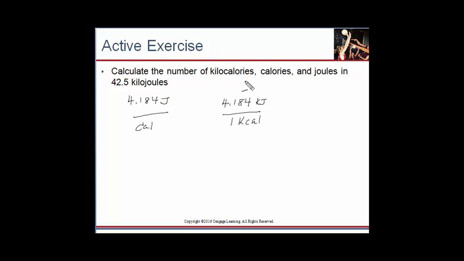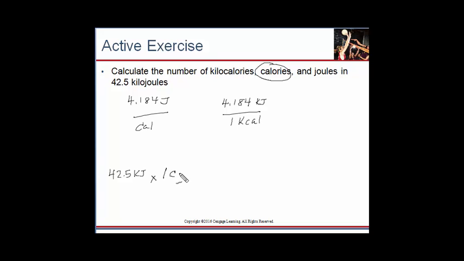Calculate the number of kilocalories, calories, and joules in 4.25 kilojoules. All right, so we'll start with that. 42.5 kilojoules. And let's just pick one of them. Let's convert that to calories. So what conversion? We could use either of them. Let's use this one.